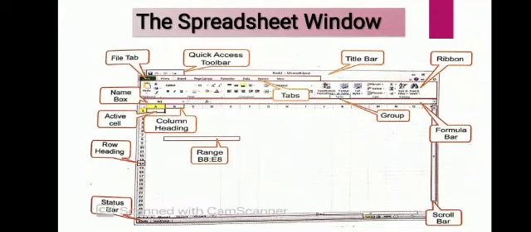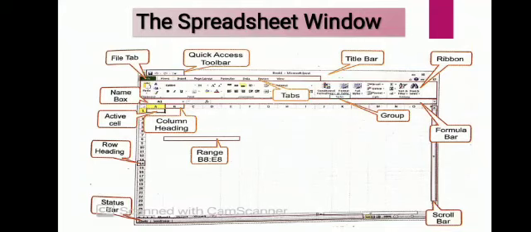Now next is the cell. A cell is an intersection of column and row and each cell has a unique cell address. In the picture here, the cell address of the selected cell is A1, meaning it is column A and row 1. The dark border around the selected cell is the cell pointer and is also called the active cell.